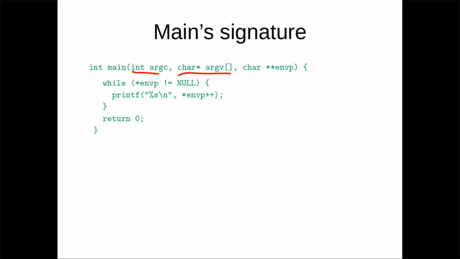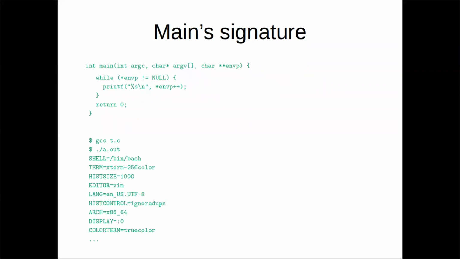And according to the standard, it also has a pointer to an array of strings which contain the environment, right? If you print this environment, with a program which takes this envp pointer until it becomes null, the last element of this array is null, and just prints every element of this array, this is what you will get on the screen.